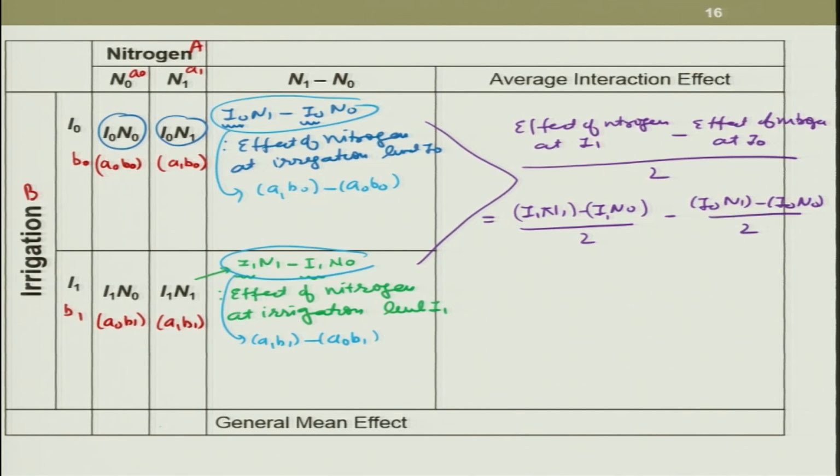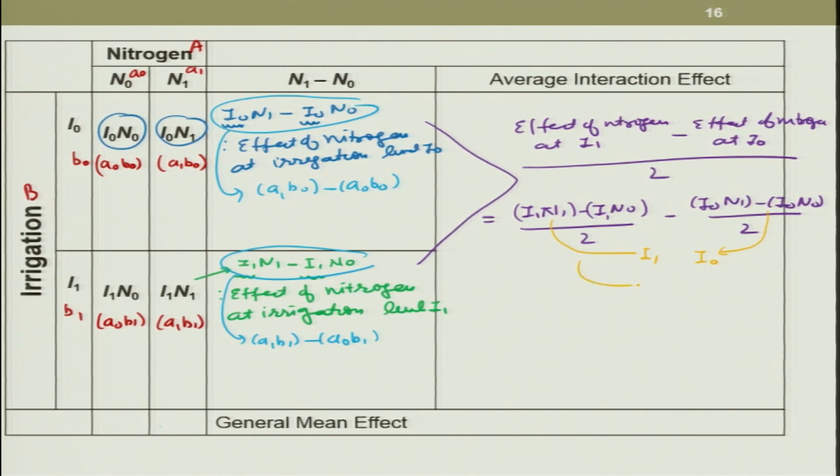Now you observe what is happening in this case. Here I have the irrigation level fixed at I1, but the levels of nitrogen are changing, and in the second expression the level of irrigation is I0 and the levels of nitrogen are changing.